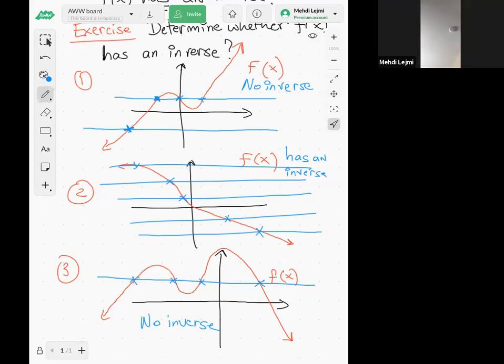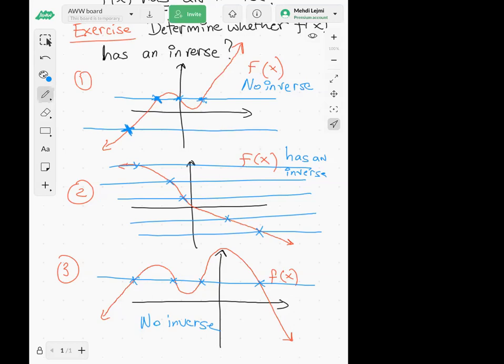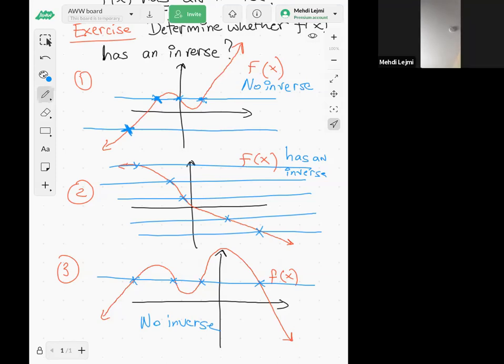Yeah, of course. The whole graph has no inverse. Even if you have this line intersecting the graph at 1 point, it doesn't really matter because you have another one here with 3 points. So if you have only one horizontal line which intersects the graph at more than 1 point, then you are done.